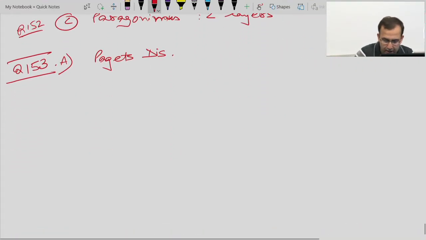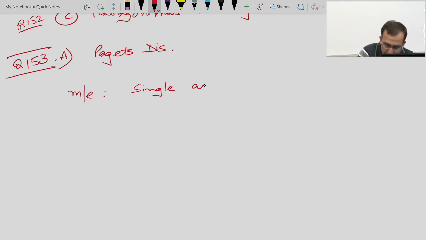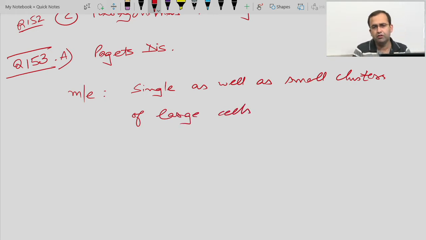What do we see here? Microscopically, it shows the presence of single as well as small clusters of large cells.